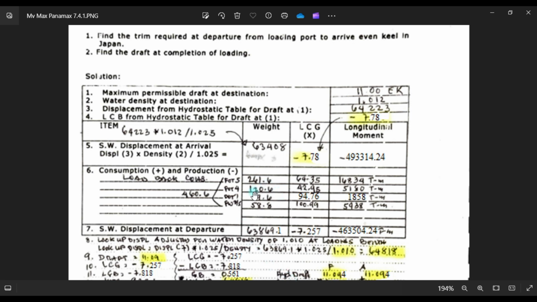So instead of consumption being negative, consumption is plus since you are going back to Australia. If you came from Australia going to Japan, then it will be negative. But in this case, it's the reverse. So from Japan, you go back to Australia, so you load back the consumption. Okay. Here are the consumptions.